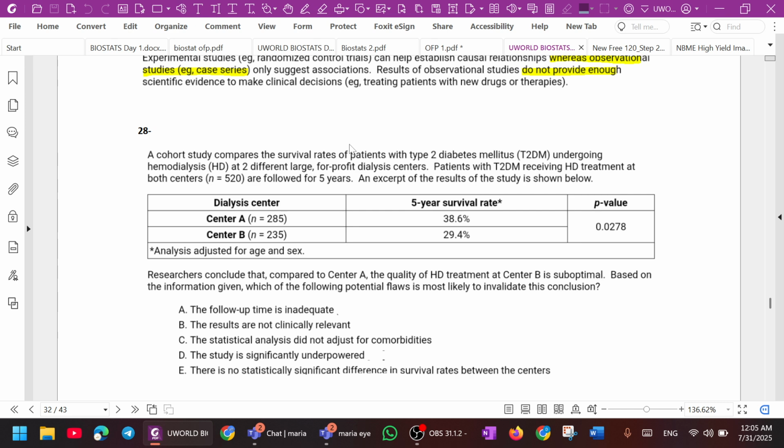Some people may have other diseases on top of the diabetes. Maybe C is right. Okay. Why is it not D? Significantly underpowered.